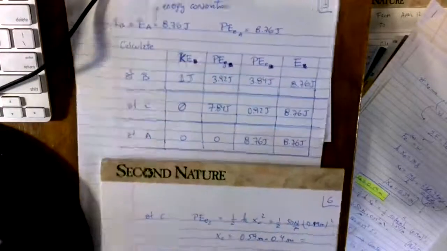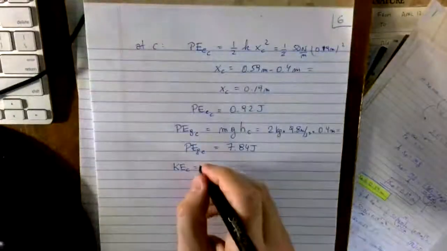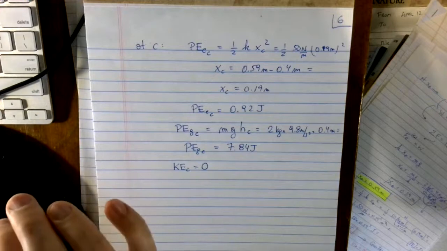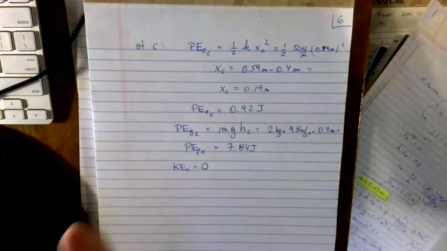Okay, now the answer is KEC is equal to 0, and this you will figure out. Why? What it means is that literally at the point C, that's the maximum elongation, the maximum height from the point of release.